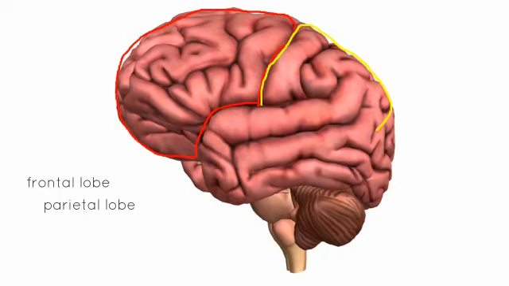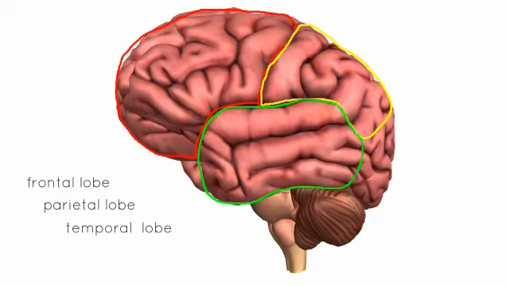I'm outlining this in yellow. It's called the parietal lobe because it lies under the parietal bone. And inferior to the lateral sulcus, which I'm drawing on in green, we've got the temporal lobe. I'm just outlining the temporal lobe here, and it runs like that.